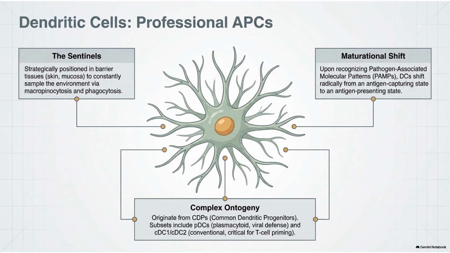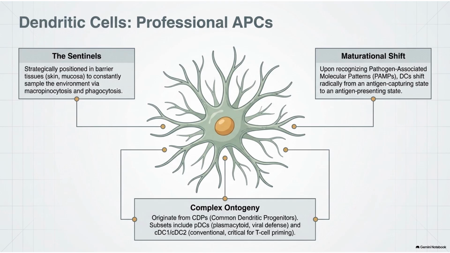Dendritic cells are among the immune system's most important professional antigen presenting cells, or professional APCs. And their defining role is to connect information gathered in peripheral tissues with the activation of adaptive immune responses. Their name comes from their branching dendrite-like cellular processes, which increase the surface area available for interaction with their environment and other cells.